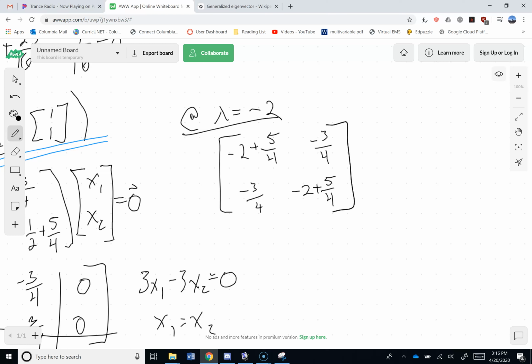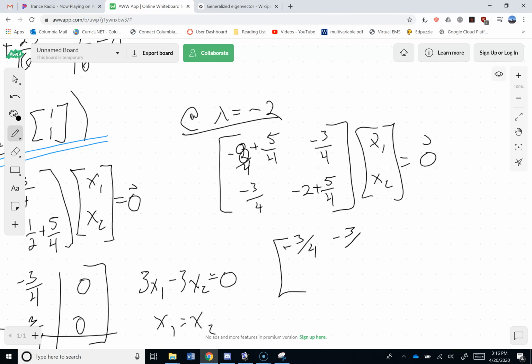And again, this matrix is multiplied by x1, x2, and set equal to the 0 vector. And let's see, that's 8/4, pretty sure. 2 is 8/4 still. Which I think gets me to a matrix that looks like -3/4, -3/4 augmented by 0, and the same.